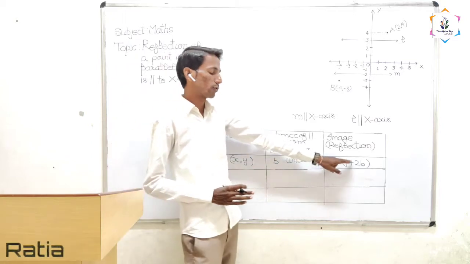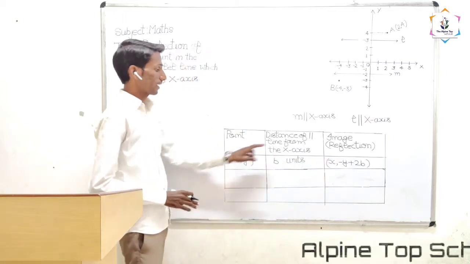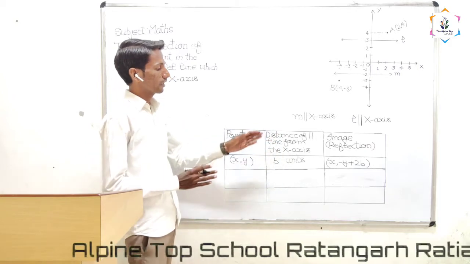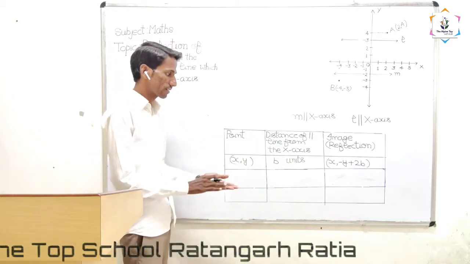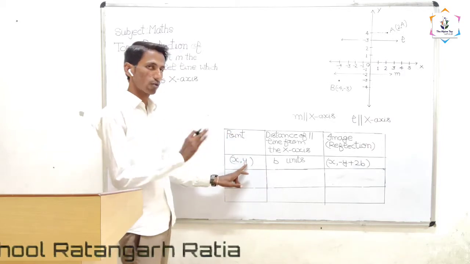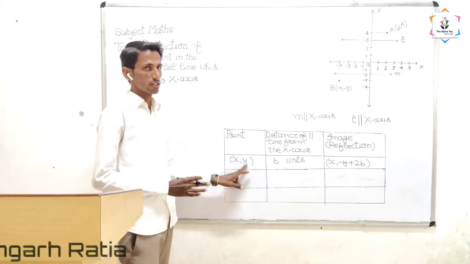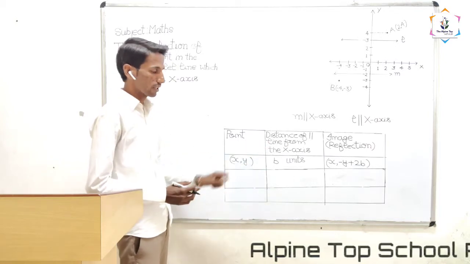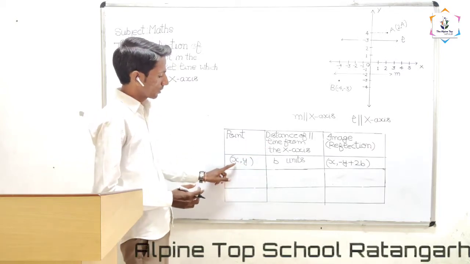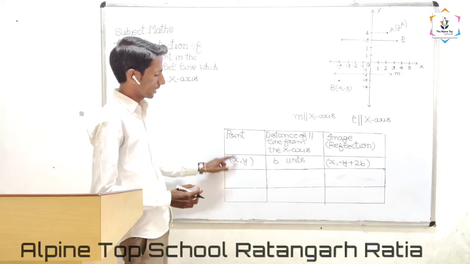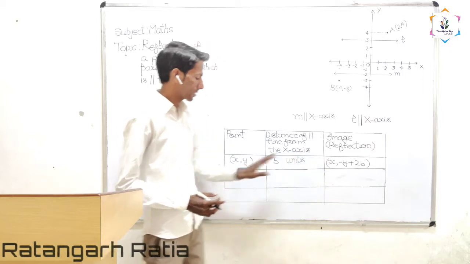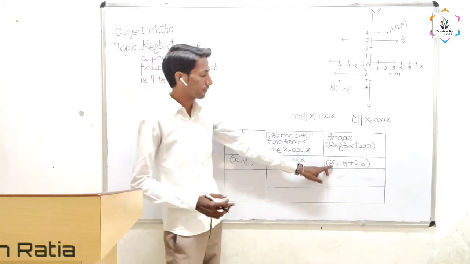After that, we have to do one change. If you are going to find the reflection of any point in a line which is parallel to the x-axis, then you have to change the coordinates, as I have already mentioned here. When we find the image of that point in a line parallel to the x-axis, we do this change: the abscissa you can write the same.